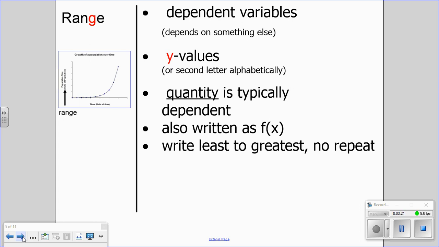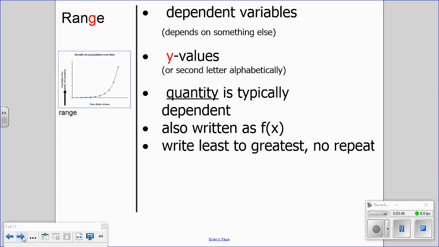Quantity is typically going to be your dependent variable. Remember that we're looking at something over time. Time is the independent, and quantity is going to be your dependent variable here. Y in this case, so this is where you need to pay attention, because we talked about f of 4 meaning x equals 4.